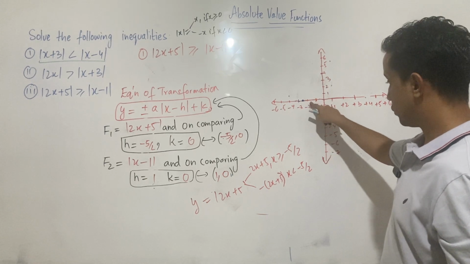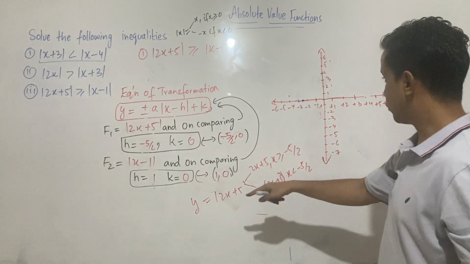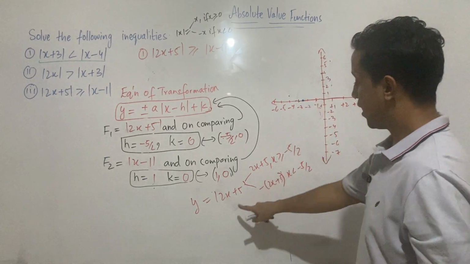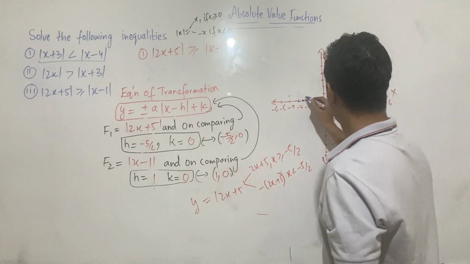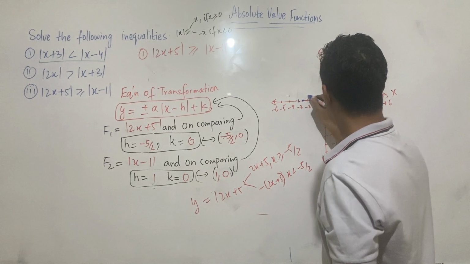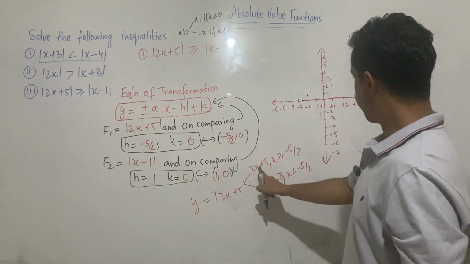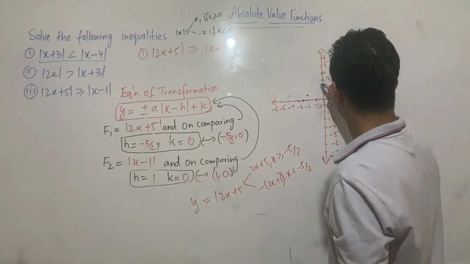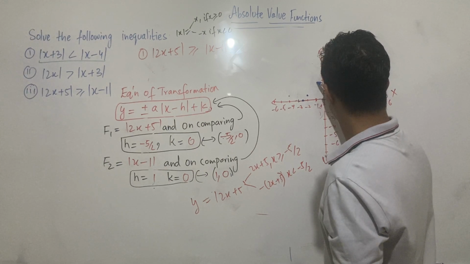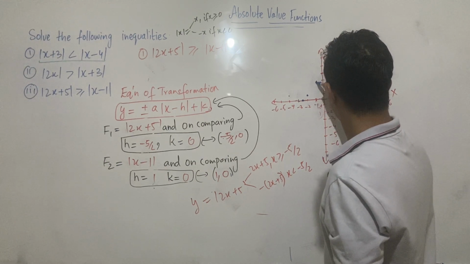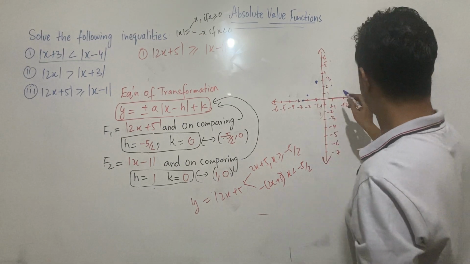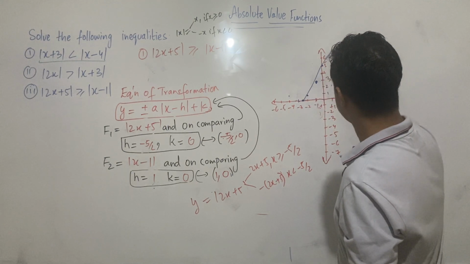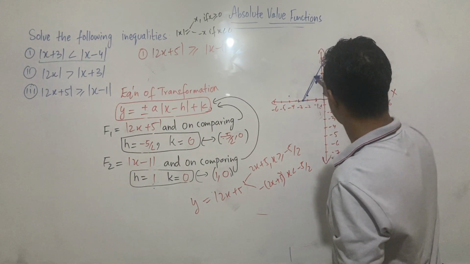For x equals minus 2, it's minus 4 plus 5, which is 1. For minus 1, it's 3. Then for 0 it's going to be 5. Okay, so your line is going to be like this.